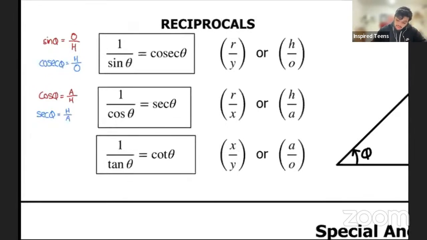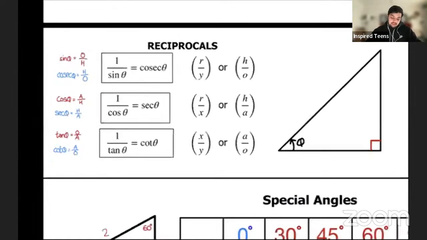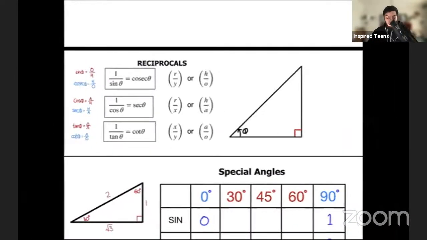Tangent theta is TOA, opposite over adjacent, and since its reciprocal is cot theta, cot theta is adjacent over opposite. So you can see how we just flip it over to get our ratios for sine, cos, and tan. Those are the reciprocals. Please make sure to know those.